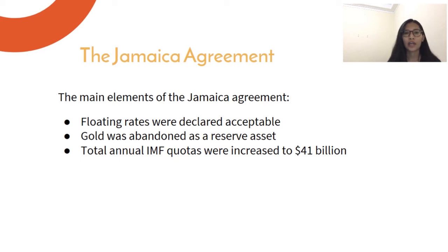The IMF returned its gold reserve to members at the current market price, placing the proceeds in a trust fund to help poor nations. IMF members were permitted to sell their own gold reserve at the market price. And the last one is that total IMF quotas, or the amount member countries contribute to the IMF, were increased to $41 billion.